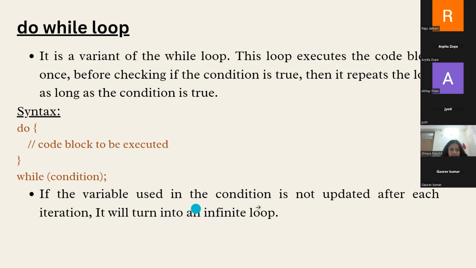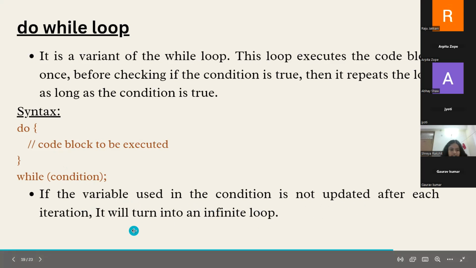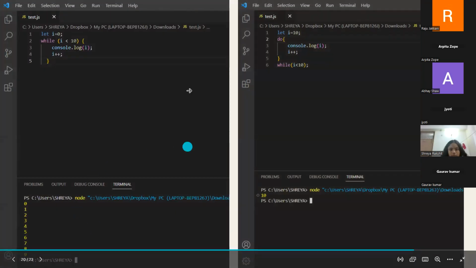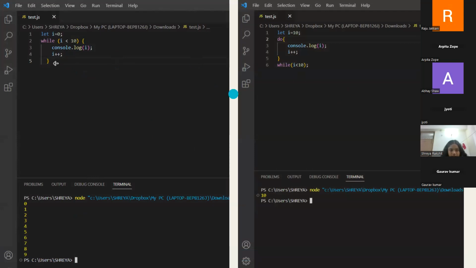In this case also, if the variable is not updated after each iteration, it may turn into an infinite loop. We may better understand the concepts by keeping the examples of while loop and do while loop side by side. In the while loop, we use the variable i equal to 0, and the condition i less than 10, and we increment the variable in the code block itself.